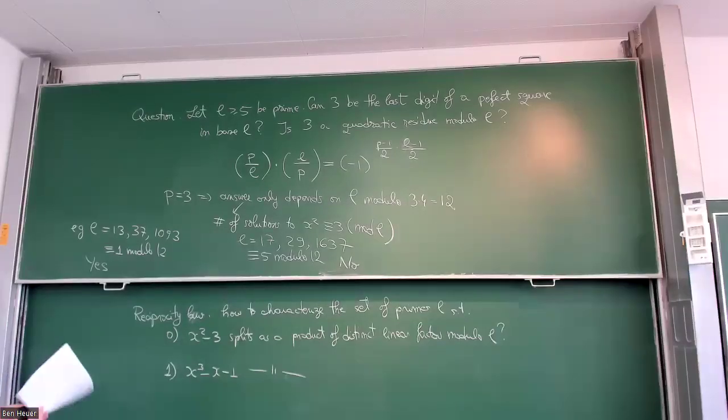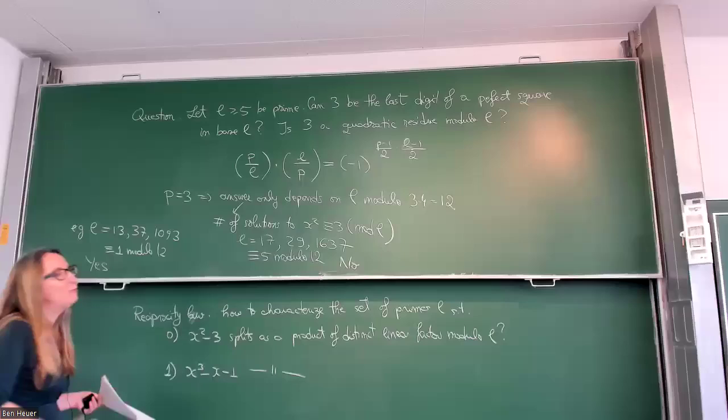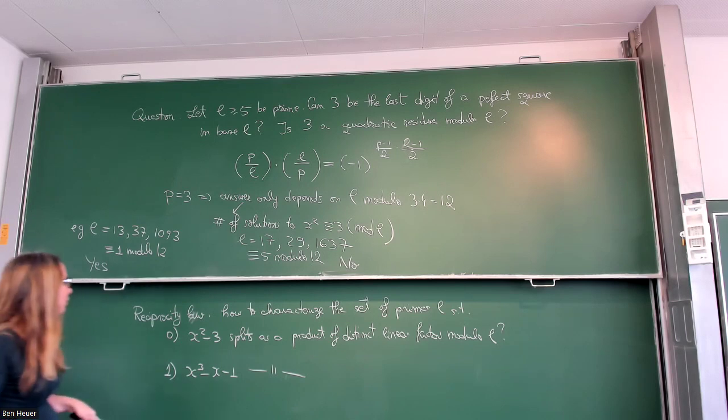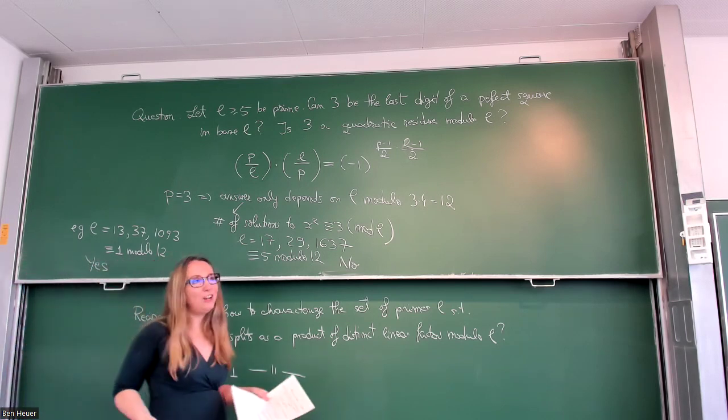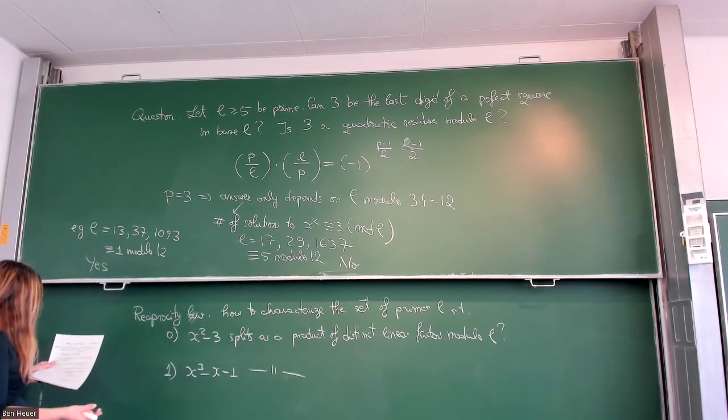And you can hope that maybe there's a reciprocity law, just like in this case, that would tell you, okay, it's periodic and this is the period, and so here are the residues for which it works and the residues for which it doesn't. But it's not as simple as that. So it turns out you can't quite characterize it.